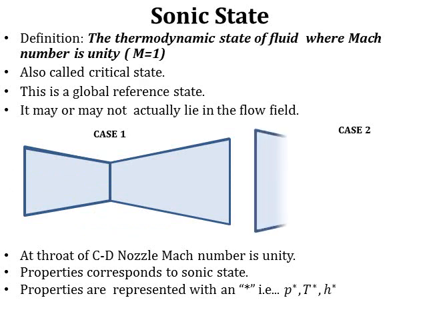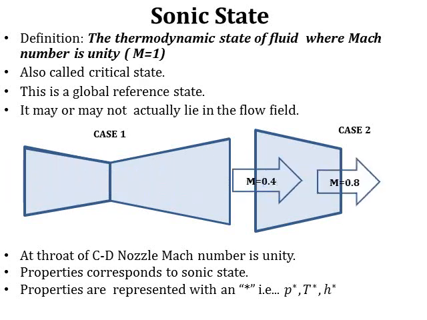Moving on to case 2, consider a converging duct which also acts as a nozzle. It has an inlet Mach number of 0.4 and exit Mach number of 0.8. We see that a sonic state is not obtained within the flow field under consideration. But if we extend this geometry as shown by the dashed lines, we can get Mach number equal to 1 downstream of the flow.